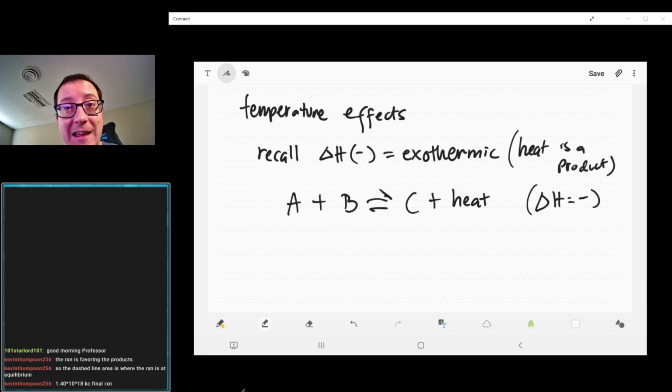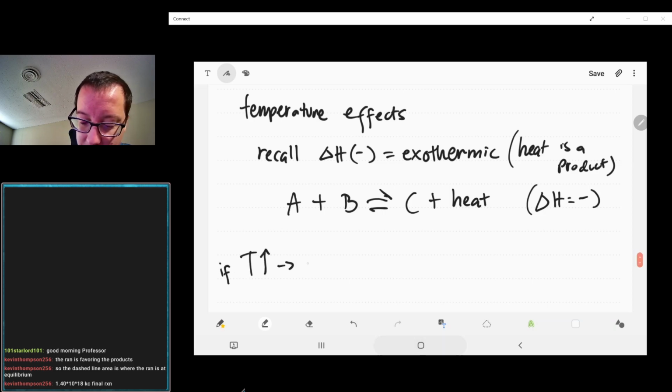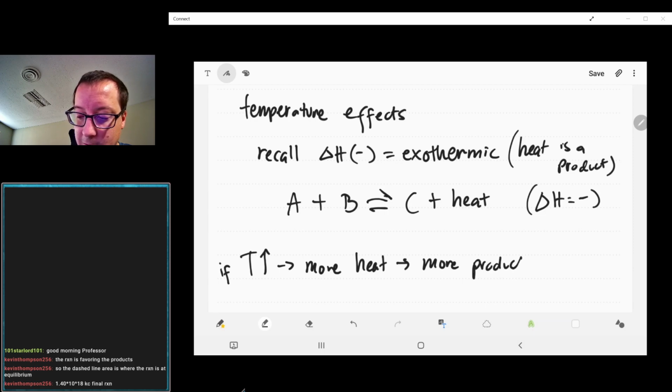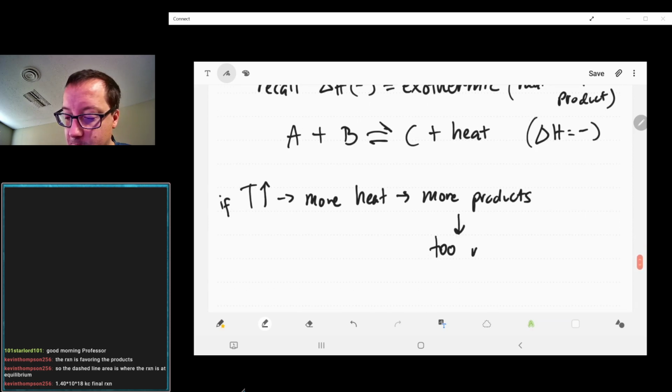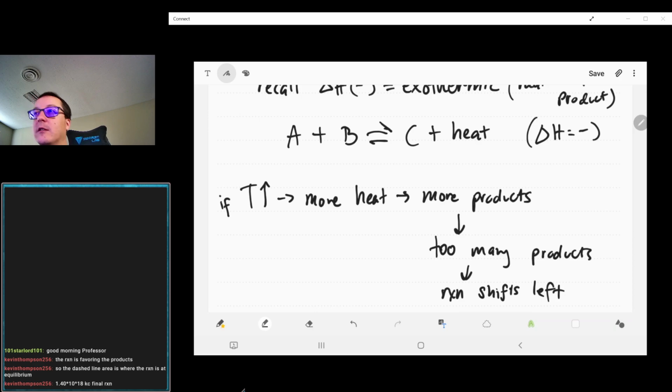And so we can see that if we were to increase the temperature, that means more heat. That means more products. We're going to have too many products. And as a result, the reaction shifts left as a result.